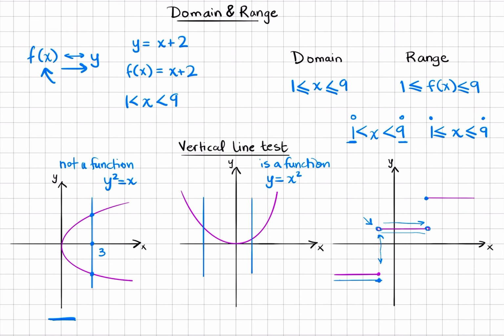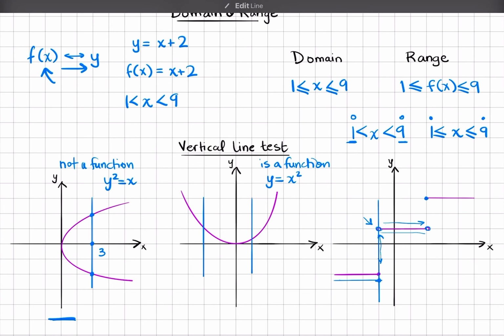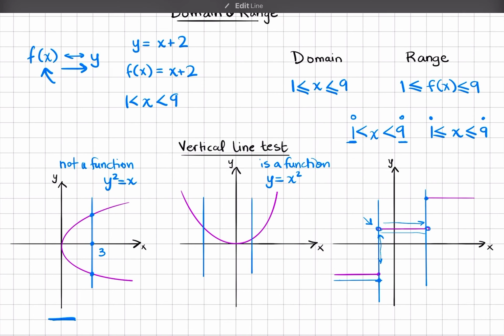So if we draw our vertical lines now, at the confusing sections, I just need to count how many values are passing through this line.